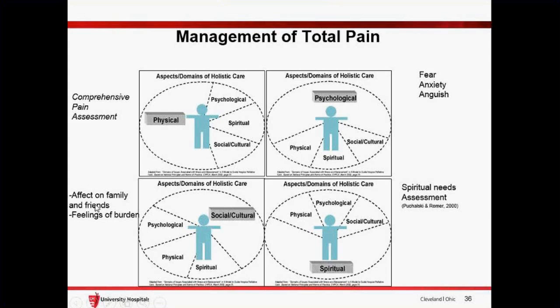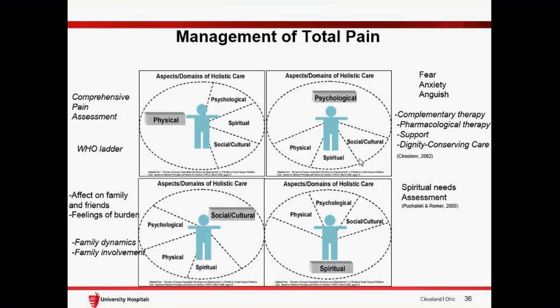And social, as we said, effects on family and spiritual needs. So for physical pain, everybody knows WHO ladder for management of pain. For psychological, complementary therapies, some pharmacological therapies, dignity-conserving care. And for social issues, what are the family dynamics?